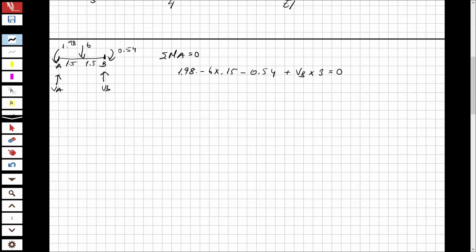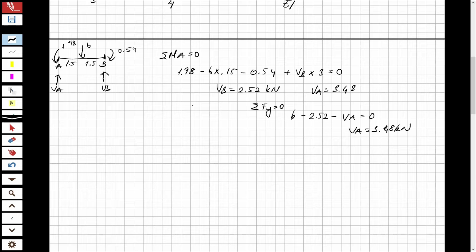And VB will be equal to 2.52 kilonewton, and VA will be equal to 3.48 because the total Fy is equal to 0. When I 6 minus 2.52 minus VA will be equal to 0, and VA is 3.48. Okay, it comes from here.